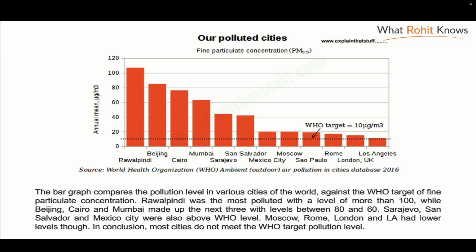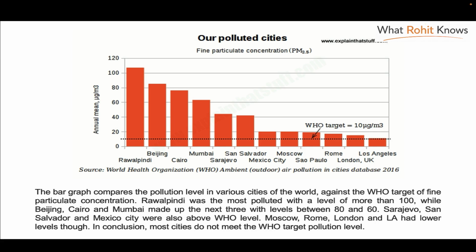The next three, Sarajevo, San Salvador, and Mexico, again, they have high levels. They are also above WHO level. And the rest of the cities, we'll just sum them up by saying that, yeah, their pollution levels are lower compared to other cities, but it's still above the WHO target level. So even Los Angeles, it's barely touching the WHO level.